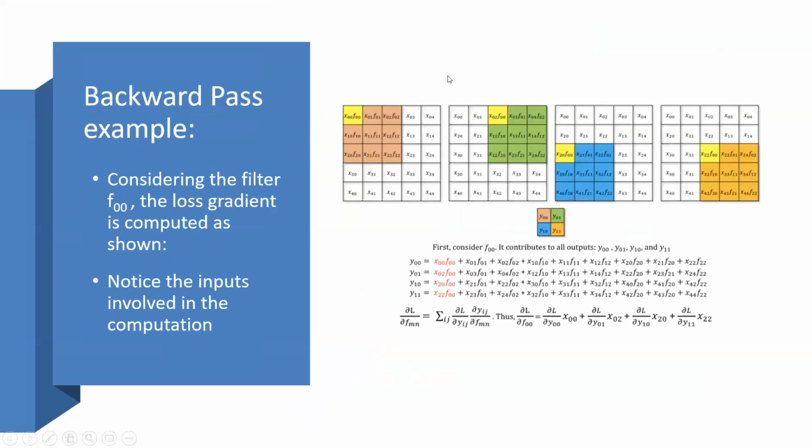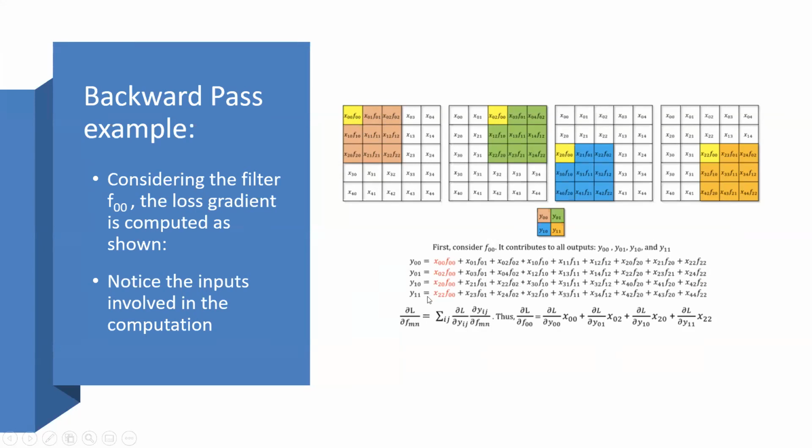So we take an example of x00 and f00, right? This is the convolution that happens at the input where the filter is at the position of x00, x01, x02, up to x22. This is the first position. You can see that f00 contributed to y00, y01, y11, and y10.